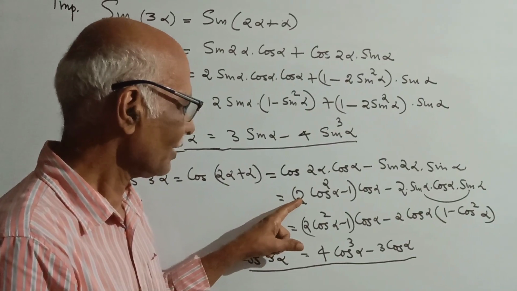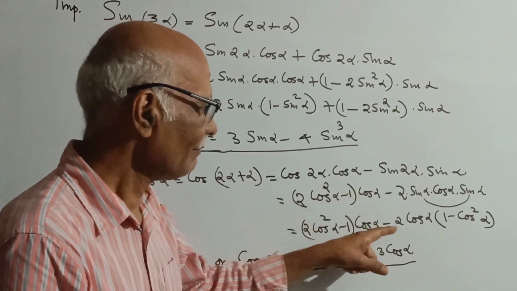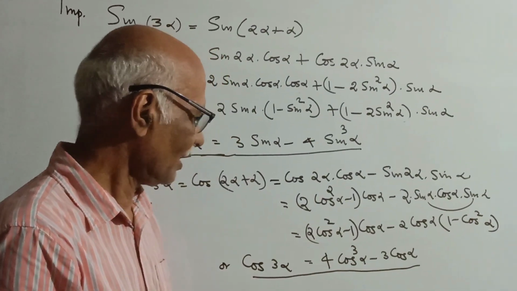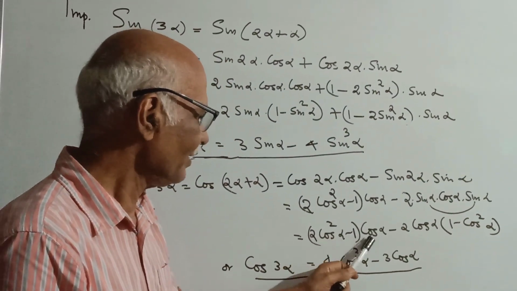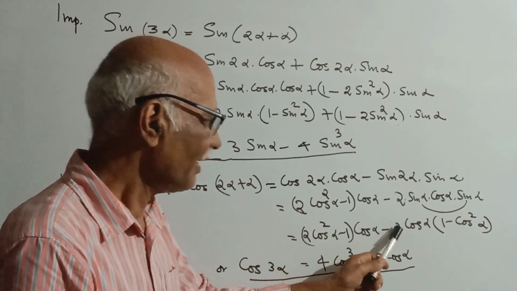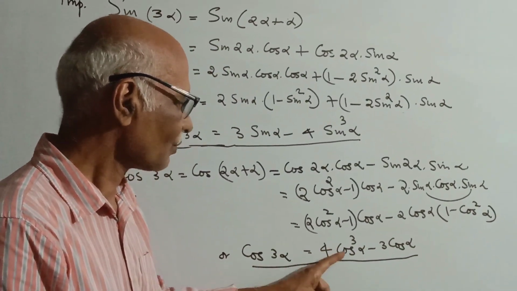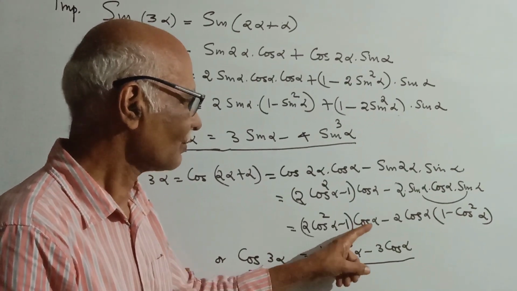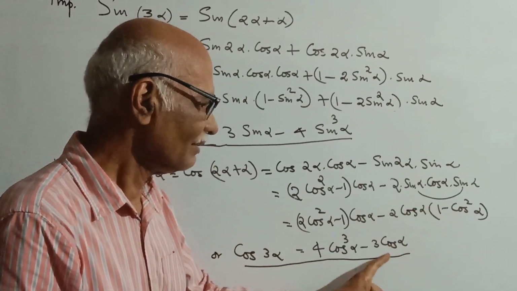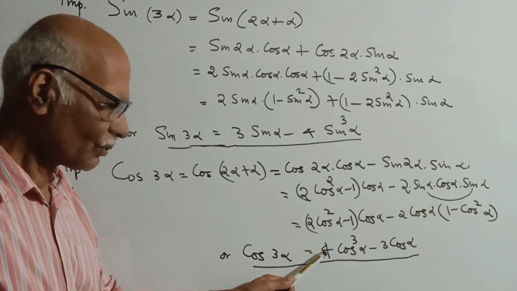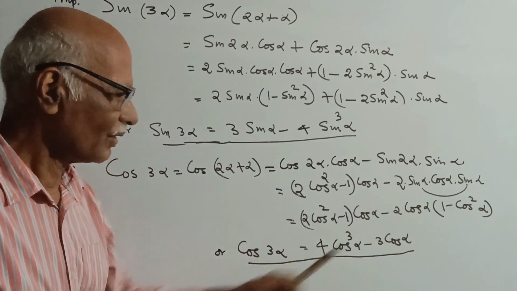So (2 cos squared alpha minus 1) into cos alpha minus 2 cos alpha multiplied by (1 minus cos squared alpha). So 2 cos squared alpha into cos alpha, then minus 2 cos alpha into minus cos squared alpha gives you 4 cos cube alpha. And minus cos alpha minus 2 cos alpha is minus 3 cos alpha. So cos 3 alpha is 4 cos cube alpha minus 3 cos alpha.